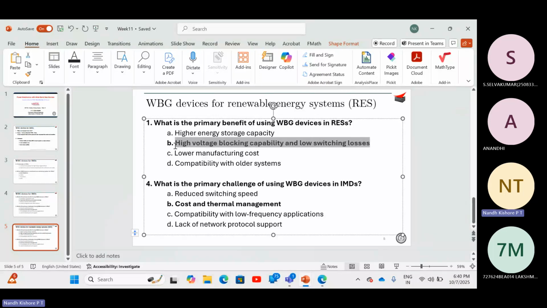Okay. So can you tell me what would be the correct answer? What is the primary benefit of using WBG devices in renewable energy systems? So would it be higher energy storage capacity, high voltage blocking capability and low switching losses, lower manufacturing costs, or compatibility with older systems?